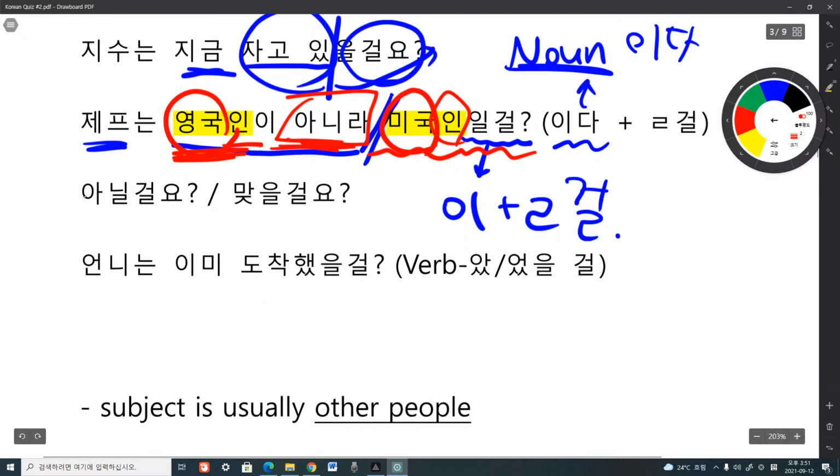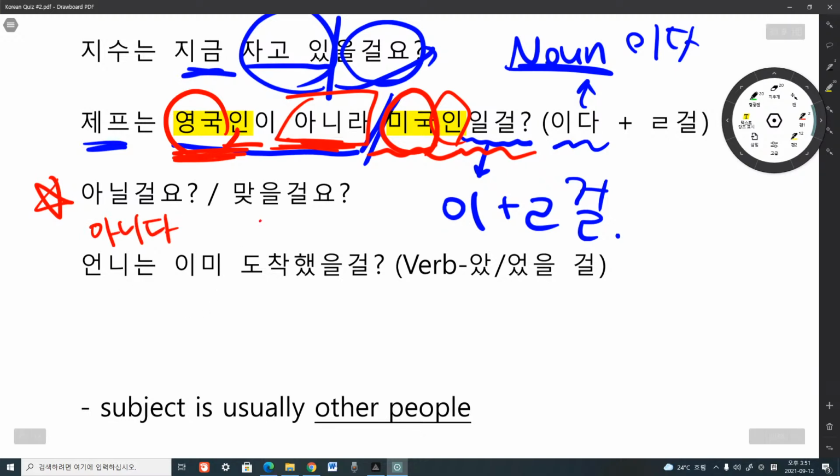그 다음에 this is also a very common expression, guys. 아닐걸요? 맞을걸요? 아닐걸요? 아니다. To not be true. 맞다. To be right. To be correct.